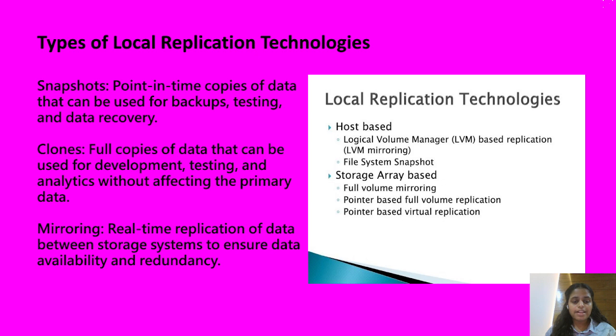Mirroring means real-time replication of data between storage systems to ensure data availability and redundancy. And we have another type, that is peer-to-peer replication. In this type of replication, each server can act as both a master and a slave. Then the data is replicated between all the servers in a peer-to-peer way.